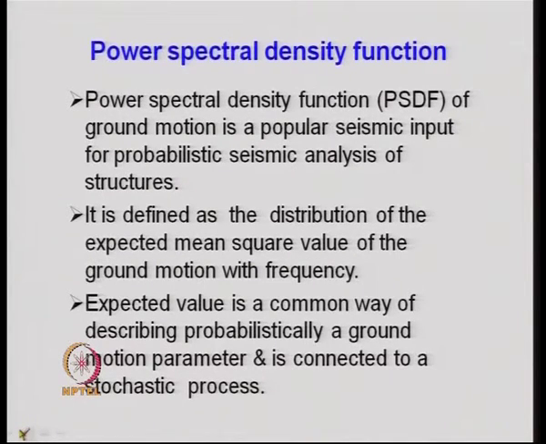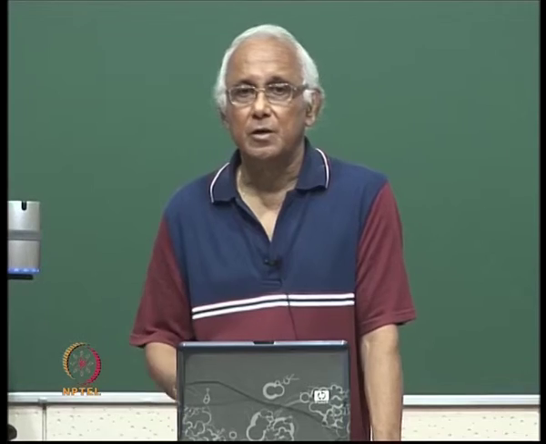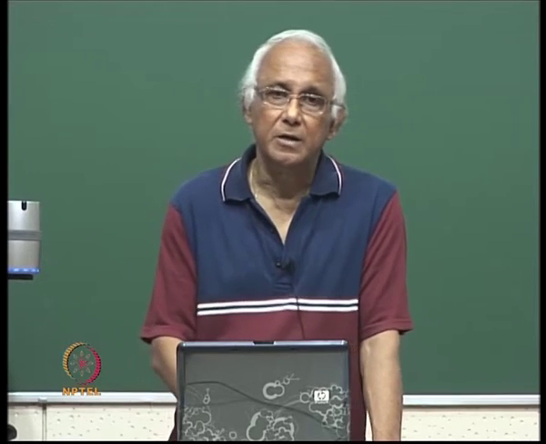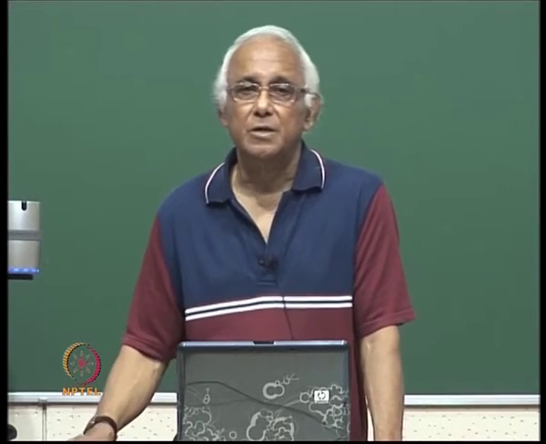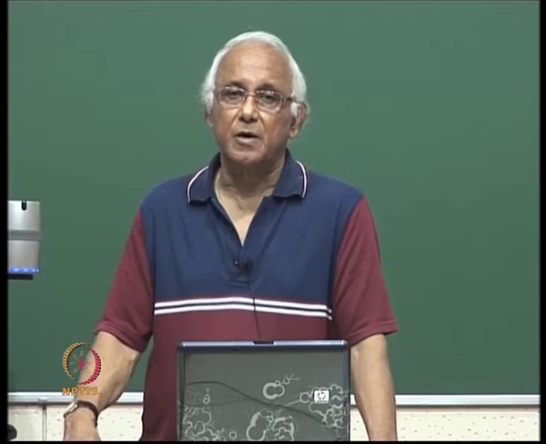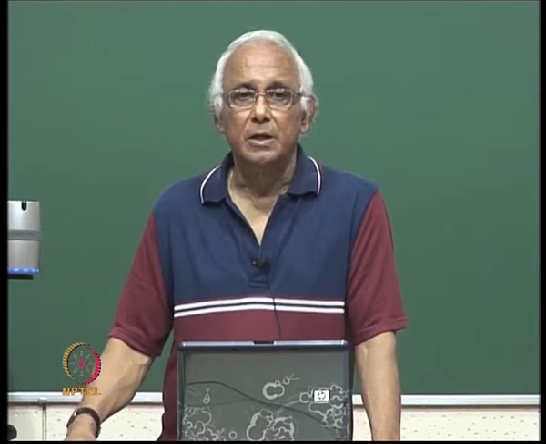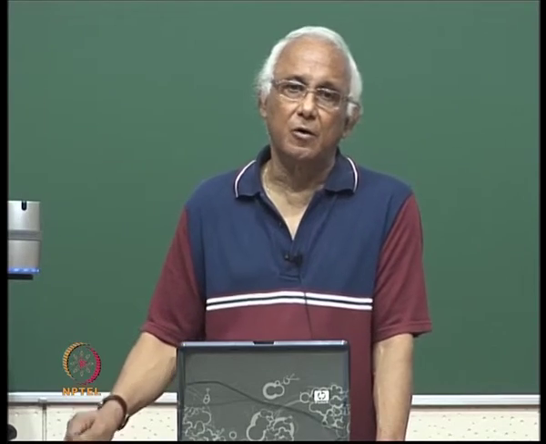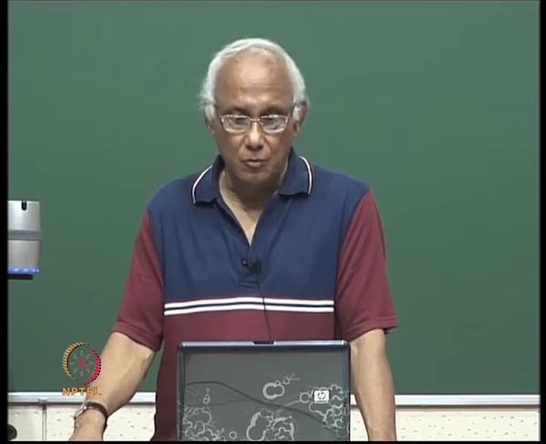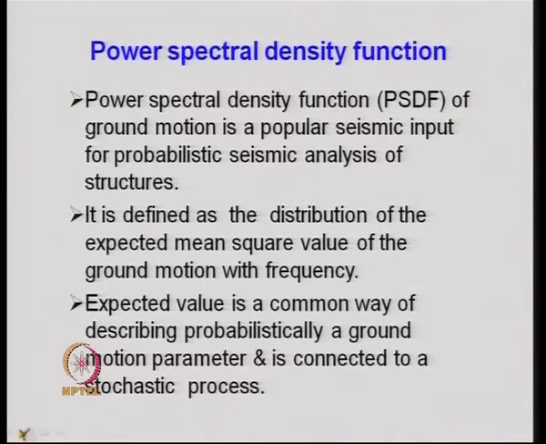The power spectral density function again is a form of input which is given with respect to different frequencies, or we can say that at different frequencies we have different power spectral density function ordinates, showing the frequency content of the ground motion. It is a very popular seismic input for probabilistic seismic analysis of structures.